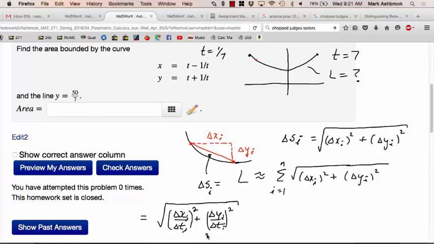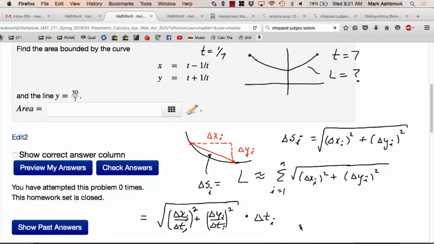So to make it equal to what I had before, I would have to multiply by delta t. So I multiply by delta t on the outside, and I also divide by delta t, and I put it under the radical, which means it'd be delta t squared under the radical in the denominator.